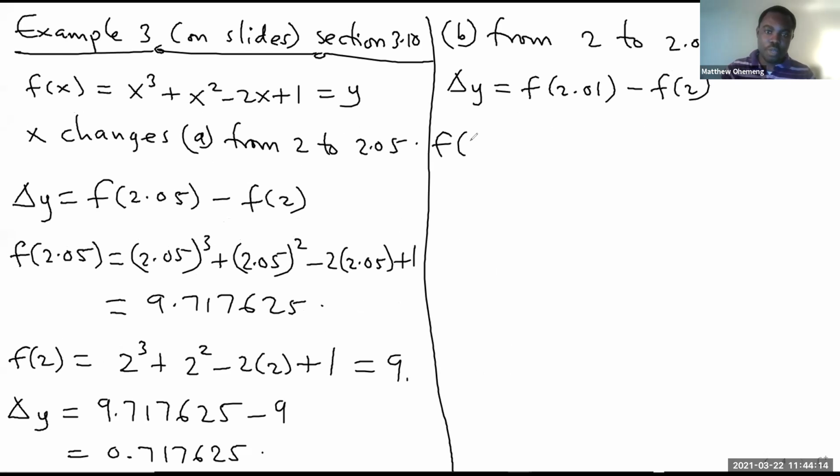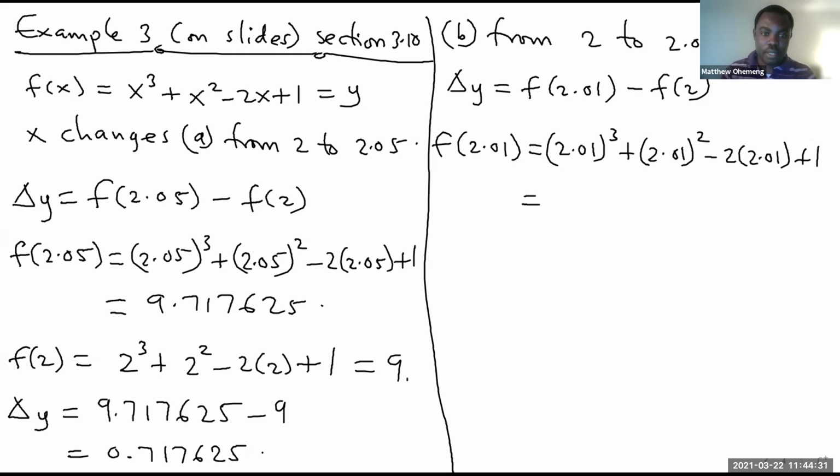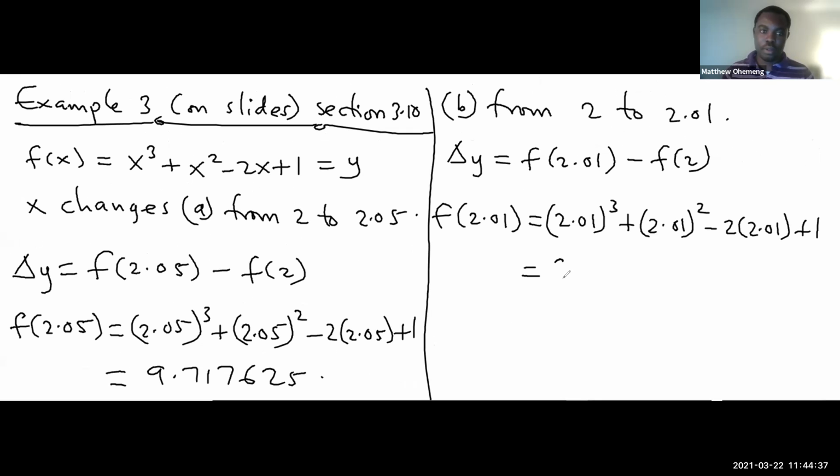So f of 2.01 is 2.01 cubed plus 2.01 squared minus 2 times 2.01 plus 1. Let me check the answer here. That is going to give us 9.140701.